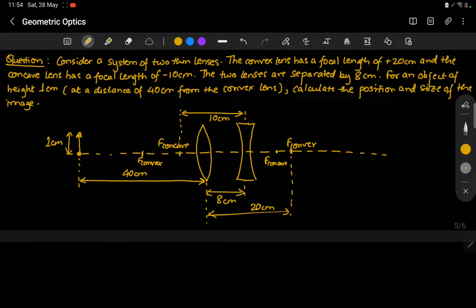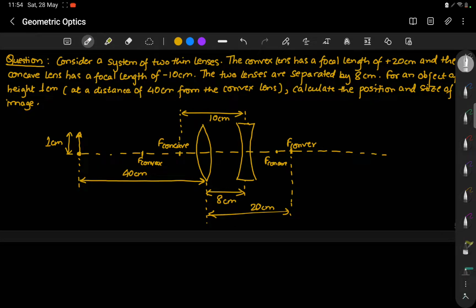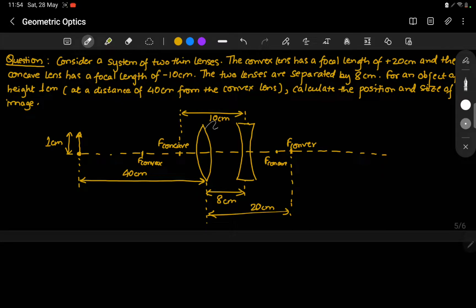But when we consider the principal focus, the principal focus for the convex lens is after the lens, and for the concave lens it is before the lens, because we typically assume that rays would be coming from left to right. So this is the diagram that we have.